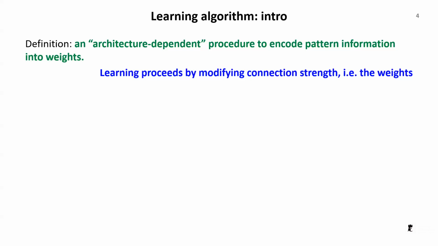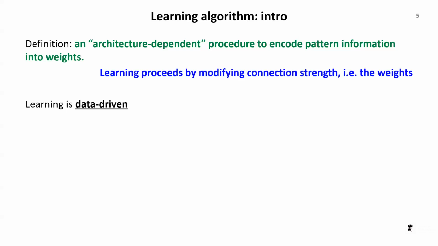In most of these learning algorithms, the way it works is by iteratively modifying the connection weight, the connection strength. It tries to iterate through all the data points and then find the appropriate weight to discriminate or to fit.